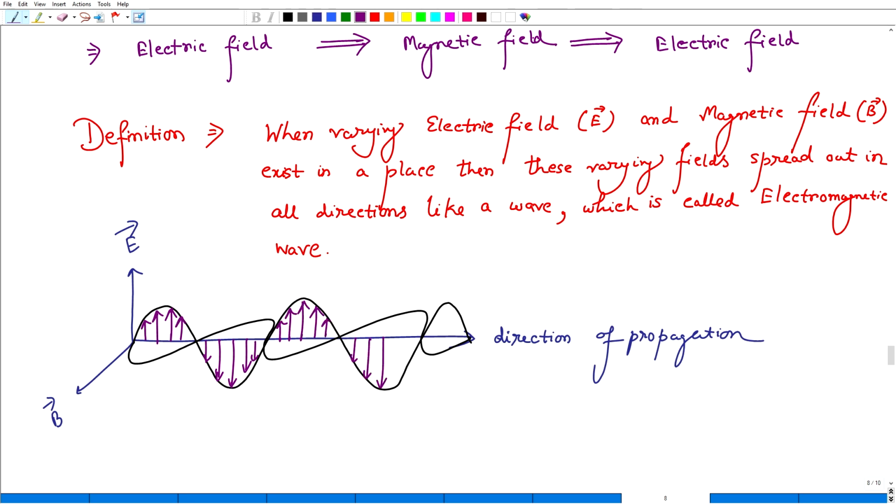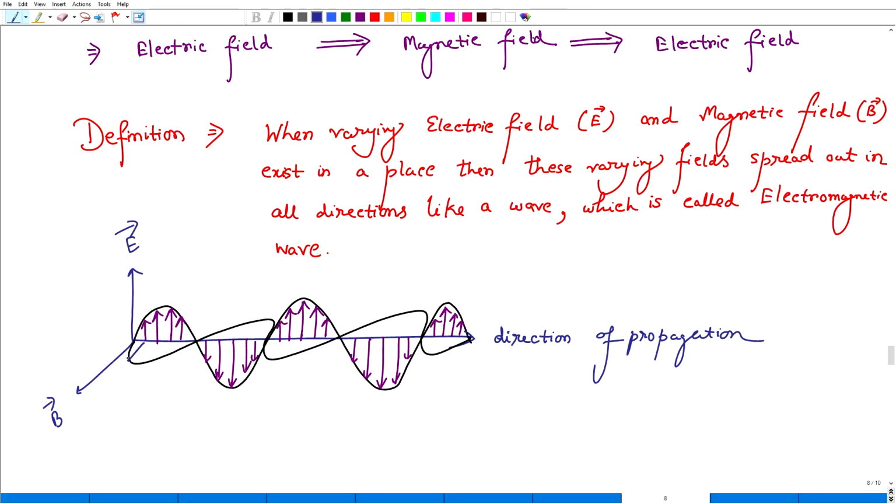From here we can see that the electric field is varying with respect to time. After some time it is like this. If we only focus on the electric field, it's like this, then it will be like this. As we know, all waves change with respect to time. So the electric field, which is along this direction, will change with respect to time, which creates the magnetic field in a perpendicular direction. In which direction? In this direction. Oh no, let me take another color.